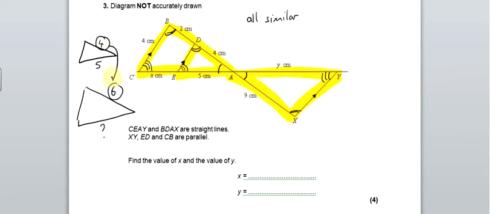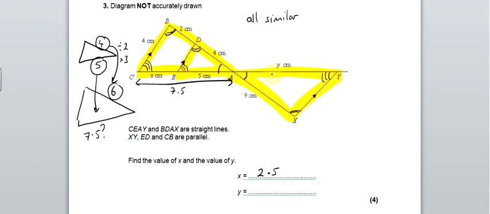So to get from there to there, I divide by 2 times by 3. So divide by 2 times by 3 gets us to 7.5. So this length here is 7.5, which means that x has got to be 2.5. So that's the first one.